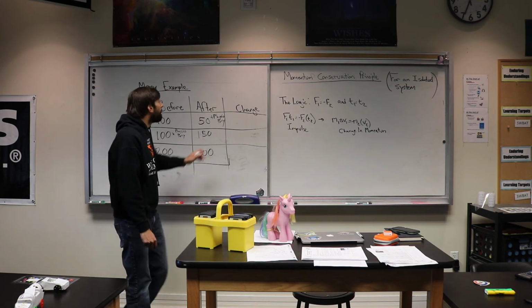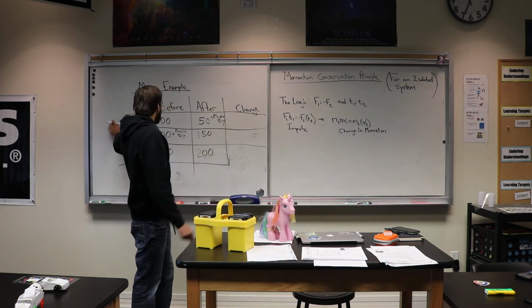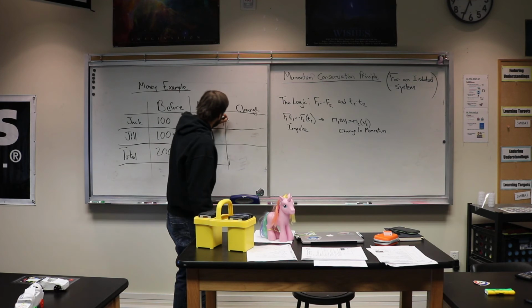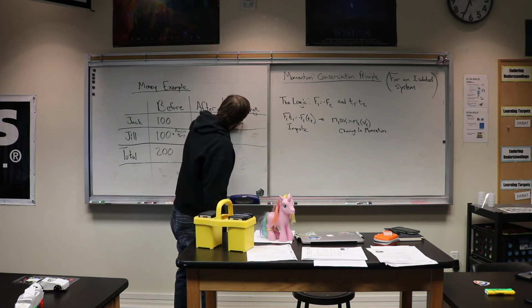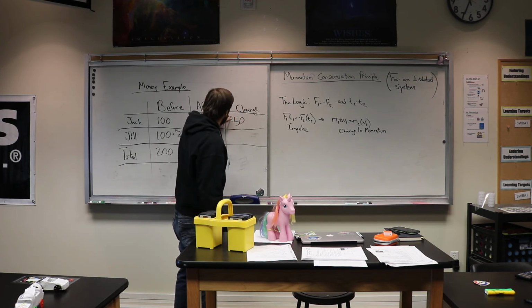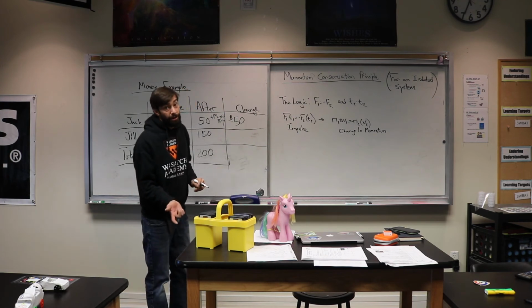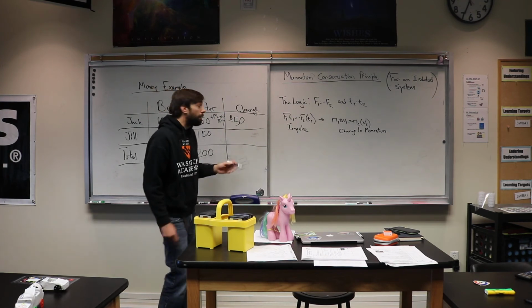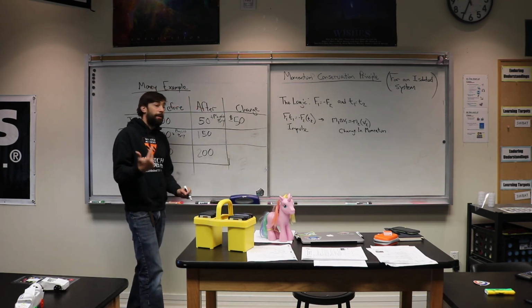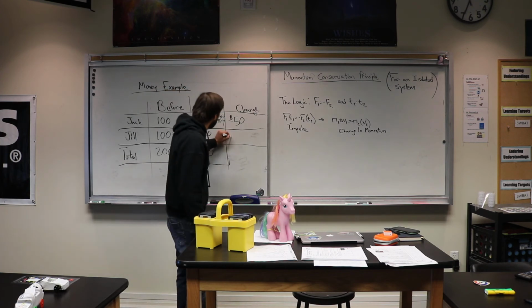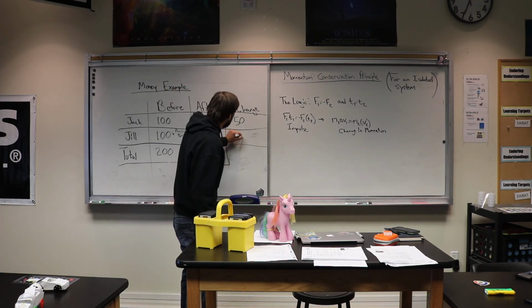And so our change here, Jack has lost $50. He did gain a very valuable asset, Physics Pony, but we're just going to be talking about the money side of things. And Jill gets a positive $50.